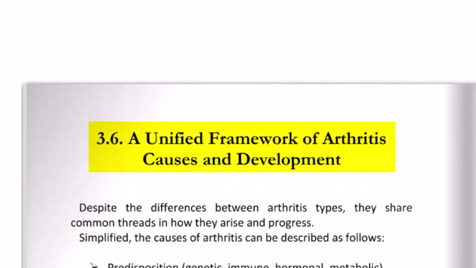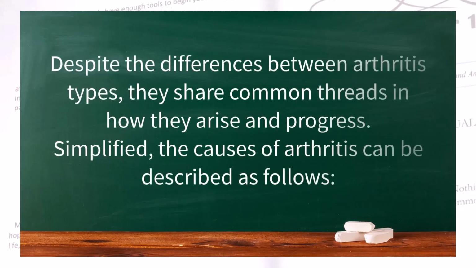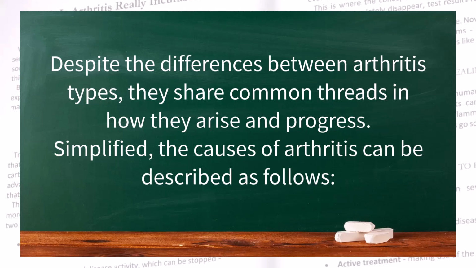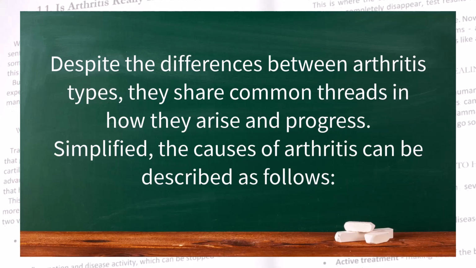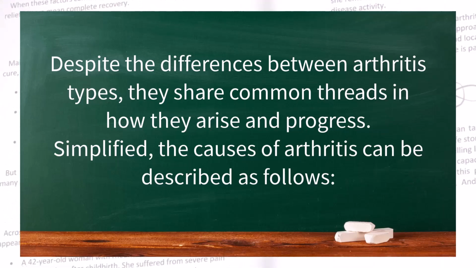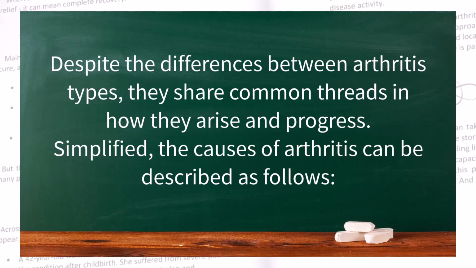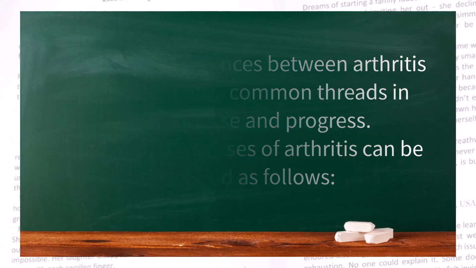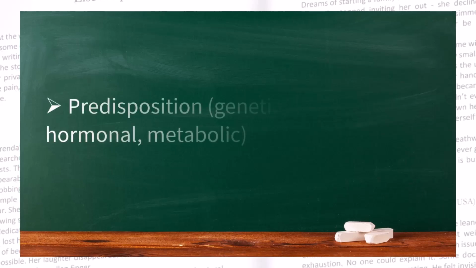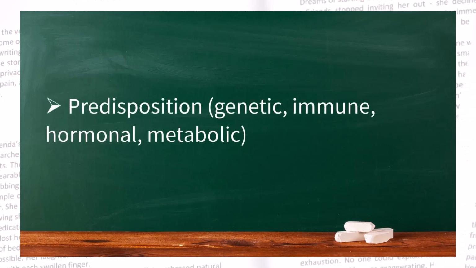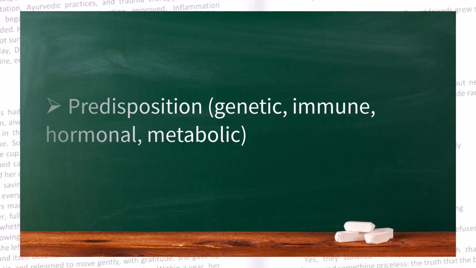3.6. A unified framework of arthritis causes and development. Despite the differences between arthritis types, they share common threads in how they arise and progress. Simplified, the causes of arthritis can be described as follows: predisposition, genetic, immune, hormonal, metabolic.